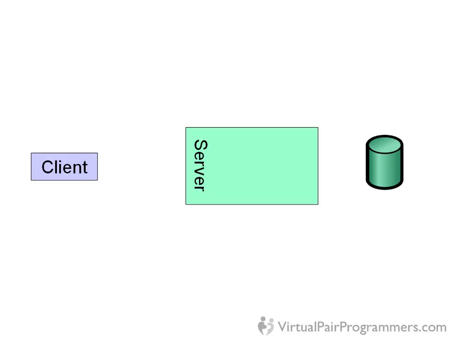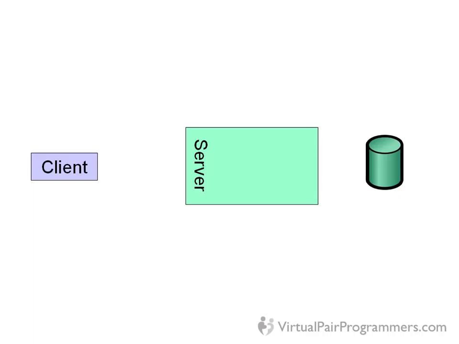Production systems will typically use some kind of connection pool. Now, just in case you haven't seen connection pools before, I've now reworked the graphic to show you the kind of thing that a connection pool will do. So a connection pool is something that we install onto our server.